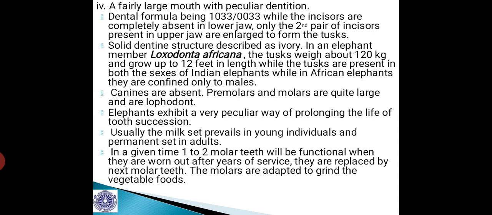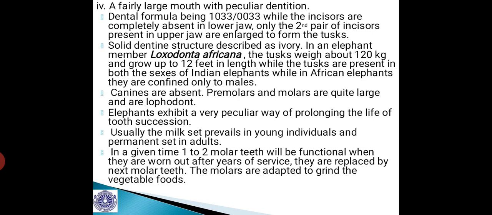And canines are absent completely both in upper and lower jaw. Premolars and molars are quite large and are lophodont in nature. And elephants exhibit a very peculiar way of prolonging their life through tooth succession. Usually the milk set prevails in young individuals and the permanent set in adults.